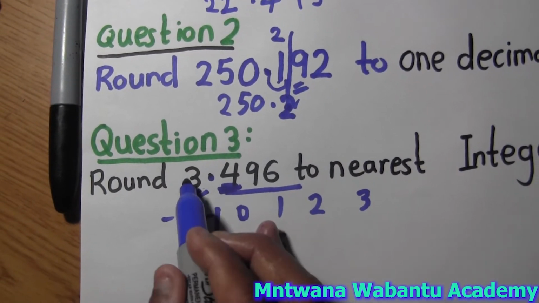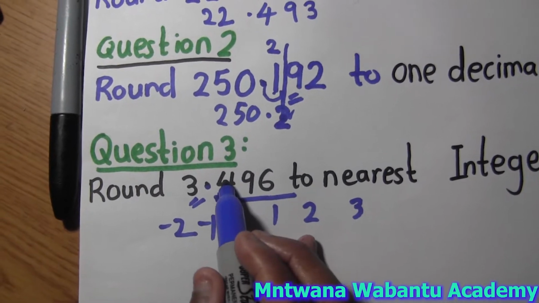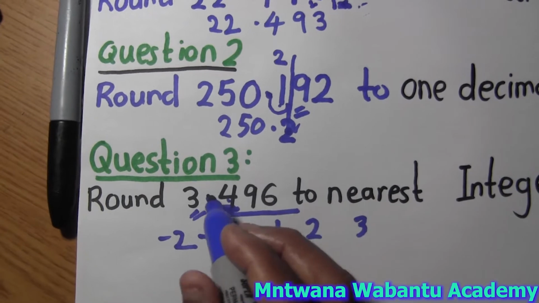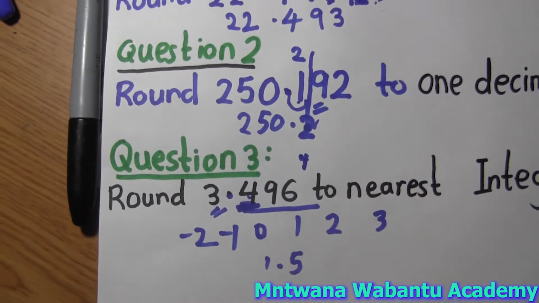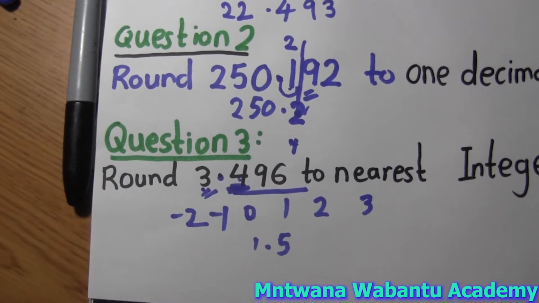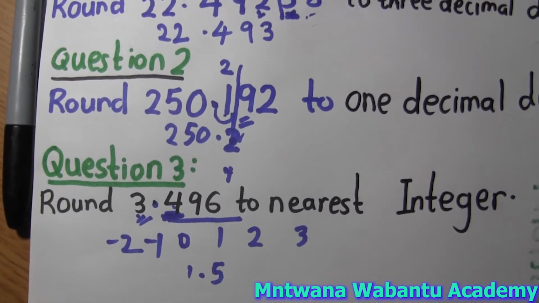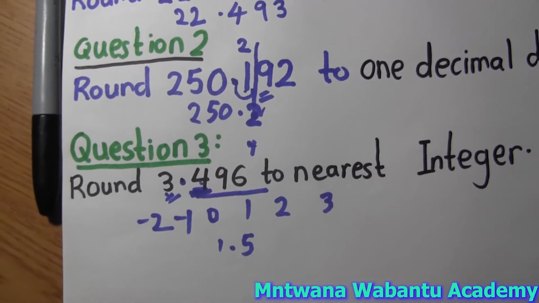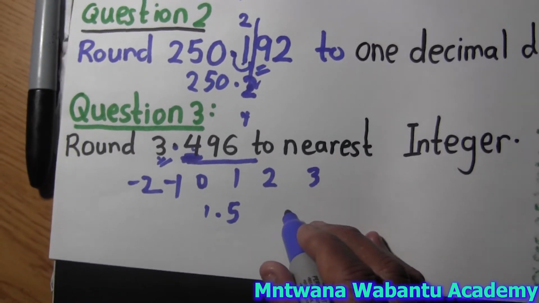This number cannot change the previous one, because it is not 5 or more than 5. If it was 5, it was going to make this 4. If it was 9, it was going to make this 4. You just add 1 to the previous. But in this case, it's not 5 or more than 5. So our nearest integer is going to be just 3.